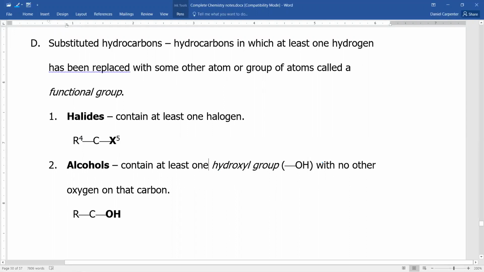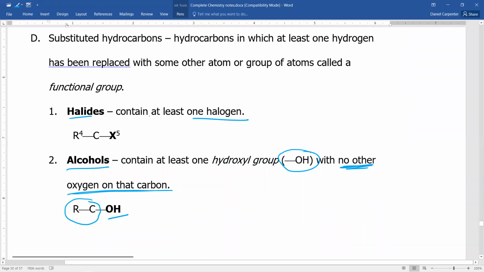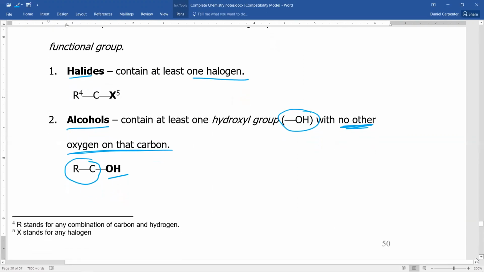So alcohols, they have an OH that's attached, that's a bond, not a negative, and no other oxygen on that carbon. And again, this whole thing can be the R. So for alcohols, we're looking for just an OH. For halides, we're looking for a halogen. And it's at least one, by the way, so you can actually have more than one.